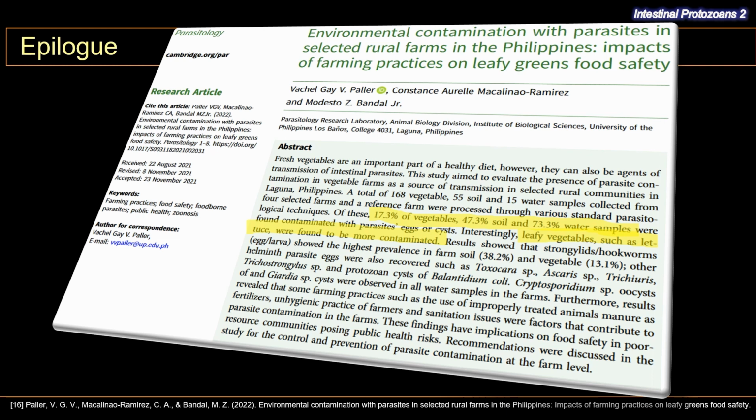These include Giardia and Balantidium, 2 of the pathogenic protozoans we just discussed in this lecture. Now, their study suggests that fecal contamination of soil, food, and water is still prevalent, especially in rural communities.